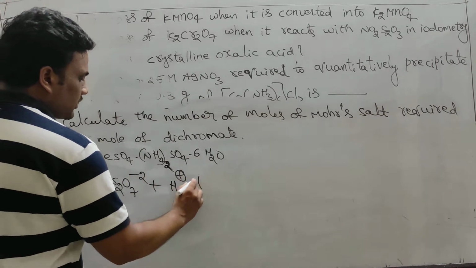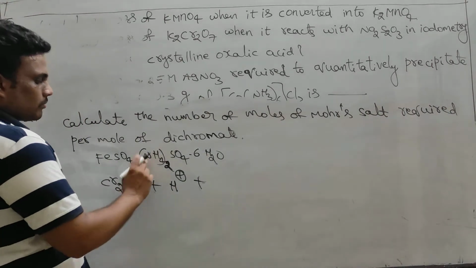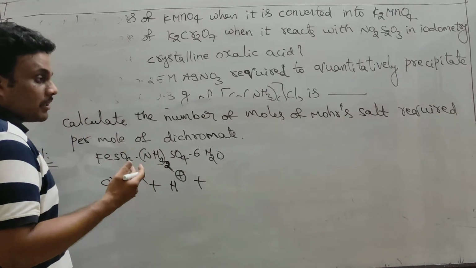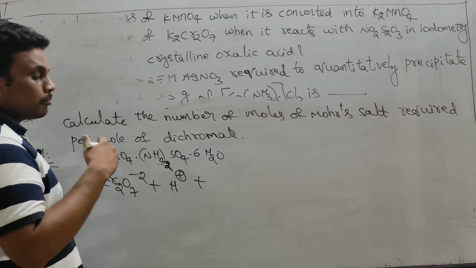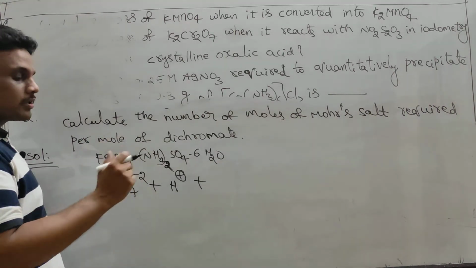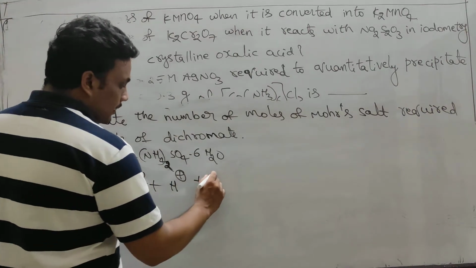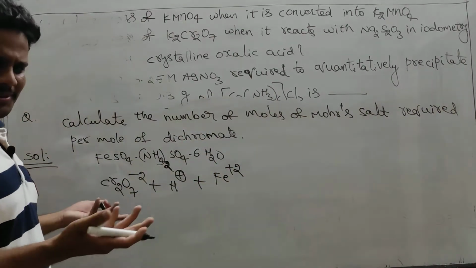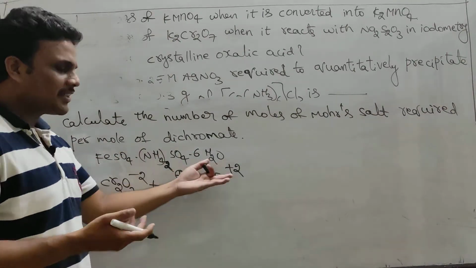Medium is always acidic medium. Ammonium cation, okay, you can't oxidize this. And in the reaction between Mohr's salt and KMnO4, or Mohr's salt and dichromate, the species that is oxidized is always iron, that is Fe+2, ferrous. Sulfate, no, because sulfate is a spectator.